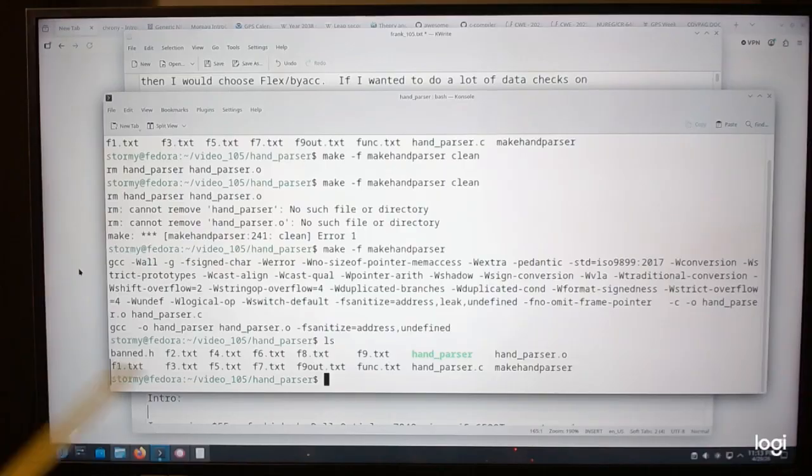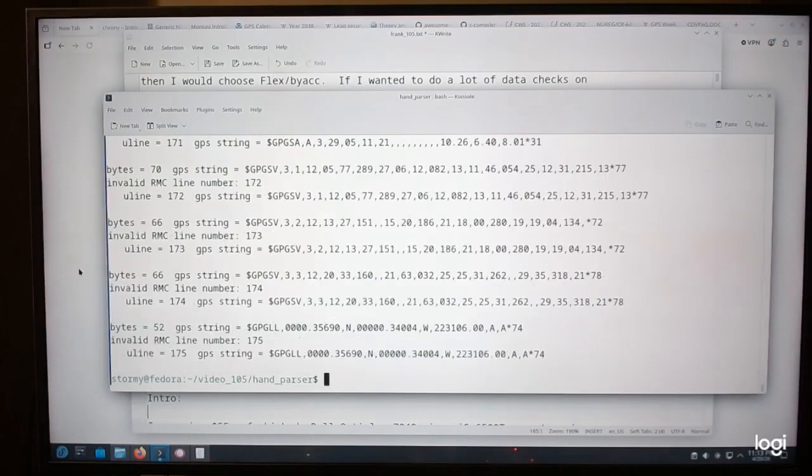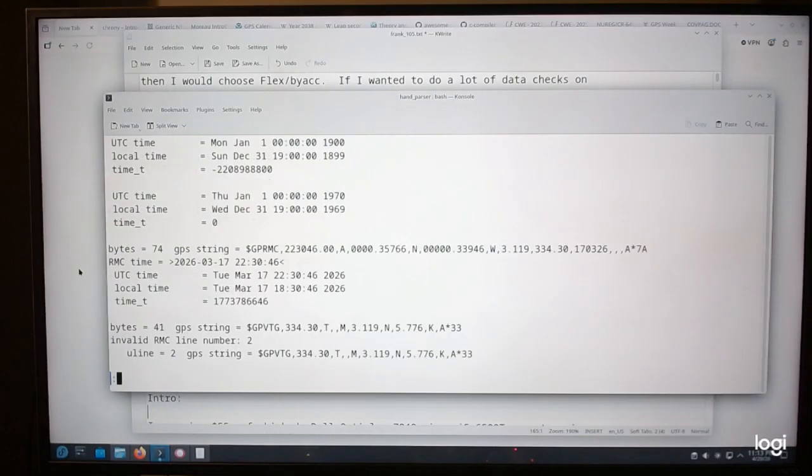There's my executable, and it's hand parser, and I've got one sample file right there, a simple one. Let me pipe that into less right there, just to show you what I'm doing.